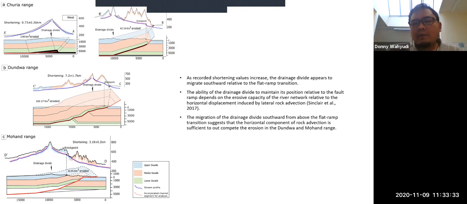The migration of the drainage divide southward from above the flat ramp transition suggests that the horizontal component of rock advection is sufficient to outcompete the erosion in the Dunwa and Mohan range.